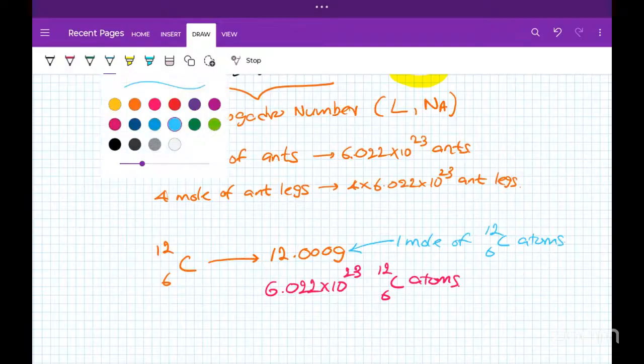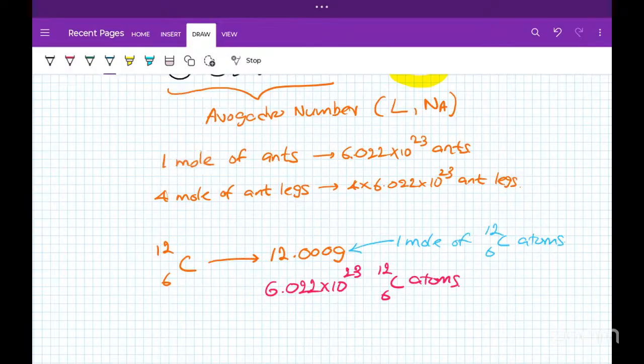This is why this number is important, and this is why carbon-12 is also important, because the Avogadro number is defined and derived based on carbon-12. You take exactly 12 grams of carbon-12, and based on calculations, there are 6.022 × 10^23 carbon-12 atoms. That means Avogadro number of atoms, in other words, 1 mole of atoms.